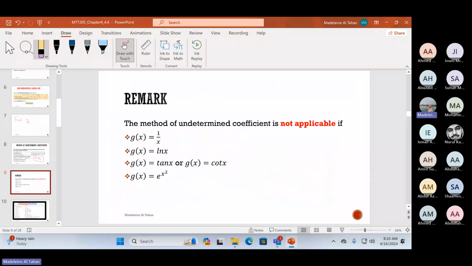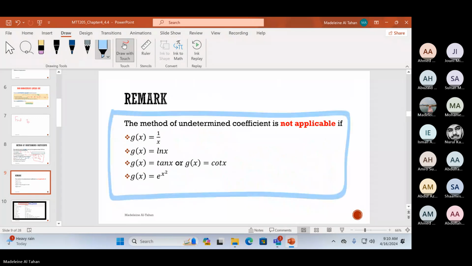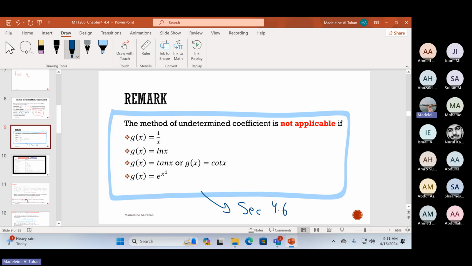It's also not applicable for g of x equal ln x, tangent x, e to the x squared. What can we do in this case? We will discuss that in section 4.6, and we will talk about the method to solve it, which is called variation of parameters.